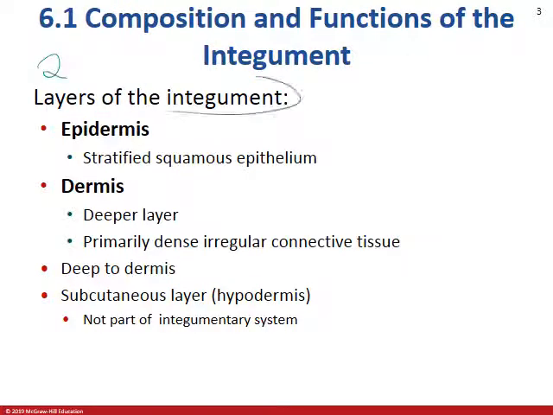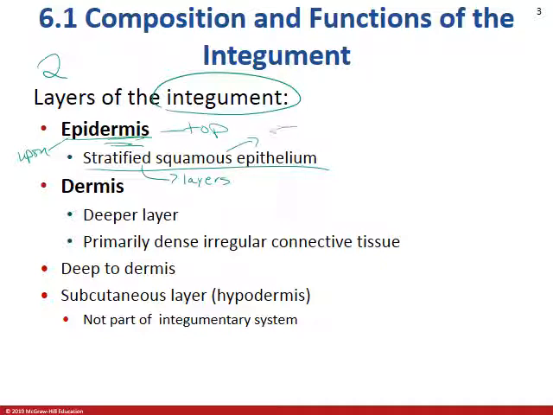We have two layers of skin or integument. The first is the epidermis. The epidermis is on top, and you can see epi, upon, on top, above the dermis. It's composed of stratified squamous epithelium. So this should tell you stratified layers, right? Squamous should tell you shape. And when we look at epithelium, we should think about function and we should think about vascularity.